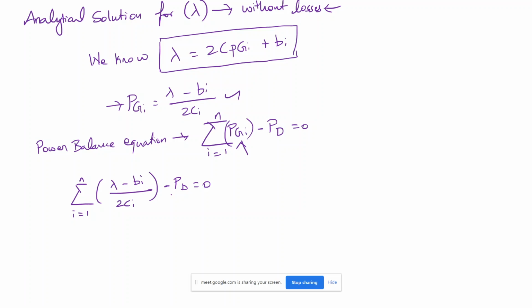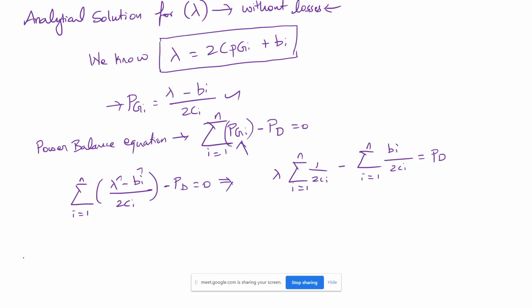And if we separate this lambda and bi, the same equation I can write like this: lambda times summation i equal to 1 over n of 1 by 2ci, minus summation i equal to 1 over n of bi divided by 2ci, is equal to PD. So I am taking PD outside as the equality constraint.